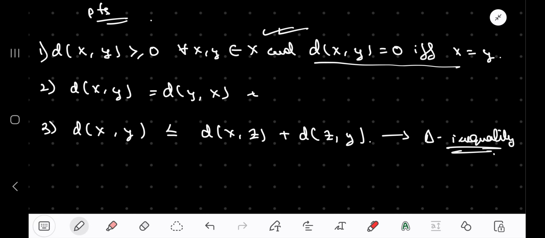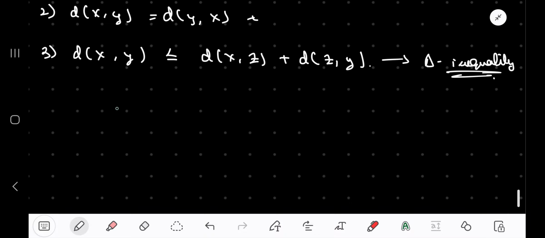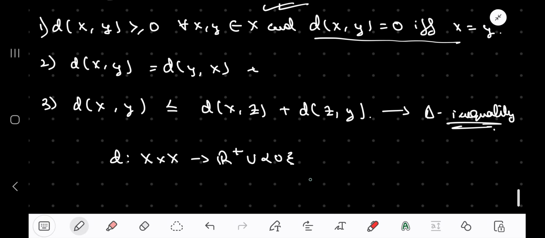So if I have a set X, and d is a map from X cross X to R, specifically R plus union 0, which satisfies that the distance between two vectors is 0 if and only if they are the same, and that the symmetric property and the triangle inequality hold, then we can say that d is a metric.